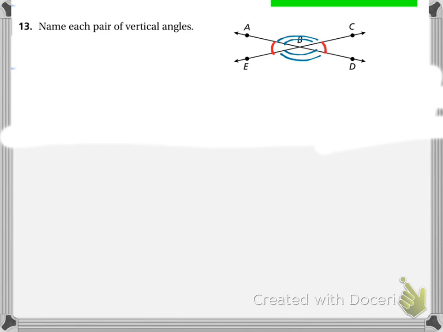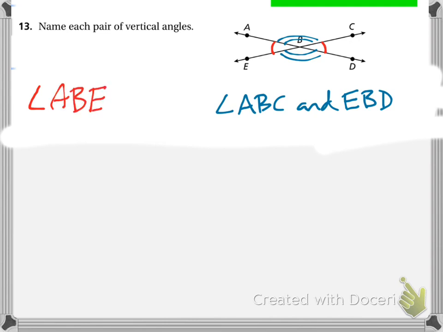I'll write the ones in blue: angle ABC and angle EBD. And in red, I will write the other pair of vertical angles, angle ABE and angle CBD. Alright, so there's two pairs of vertical angles, that's it.